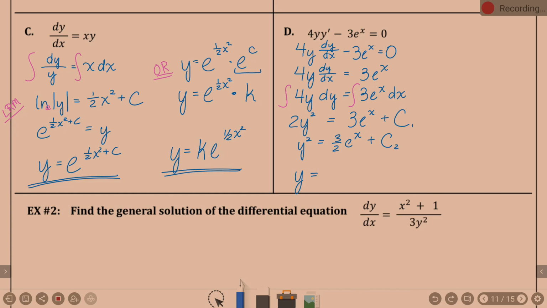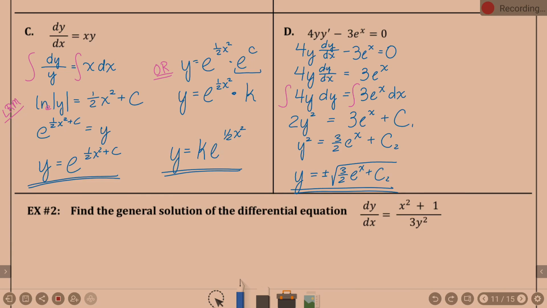So y is going to equal what? Plus or minus the square root of 3/2 e to the x plus c. Okay.